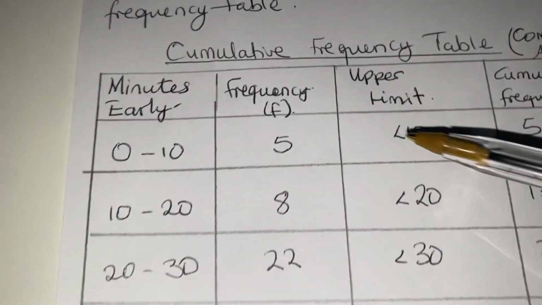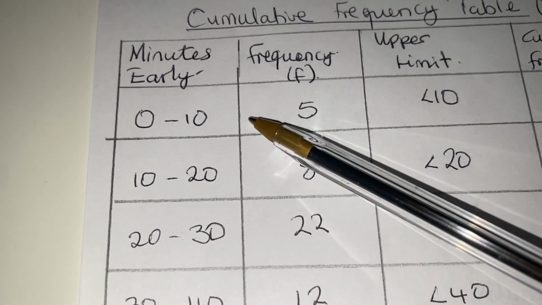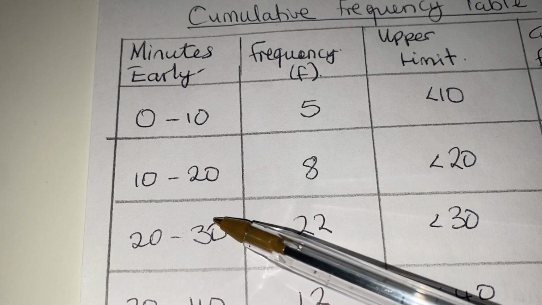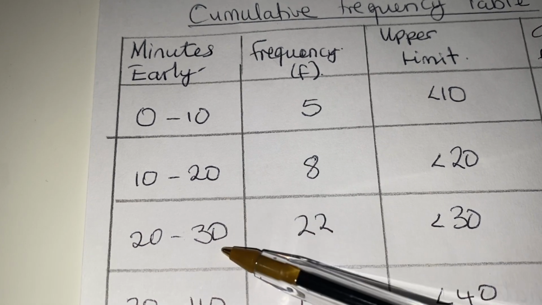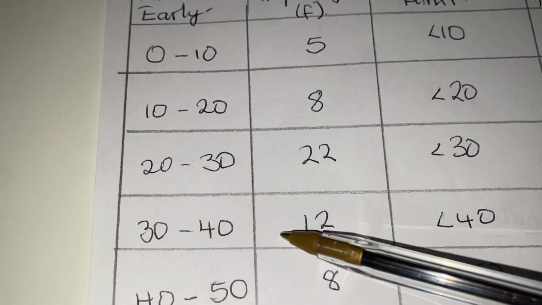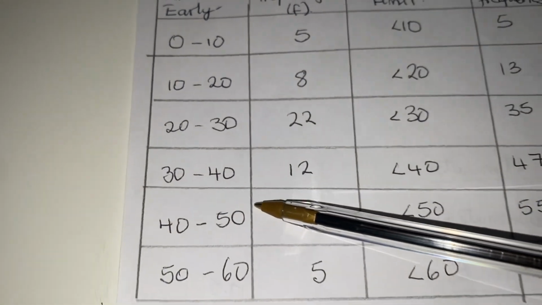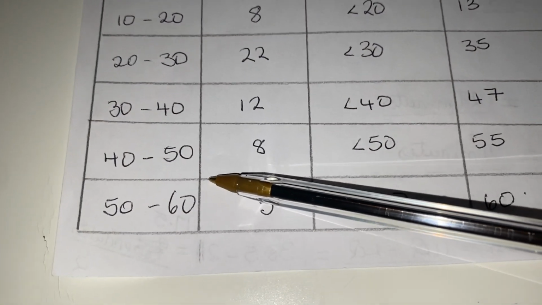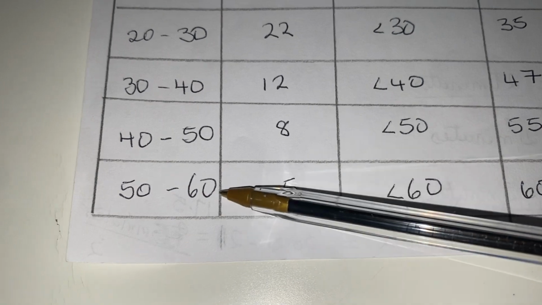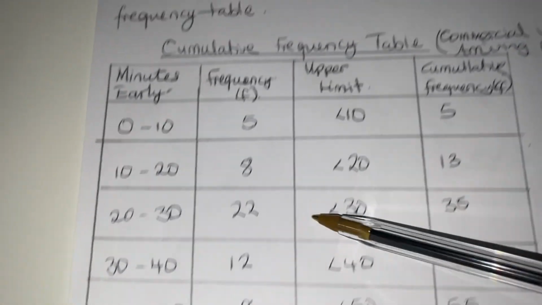Now, we have minutes early: 0 to 10, 10 to 20, 20 to 30, 30 to 40, 40 to 50, and 50 to 60.